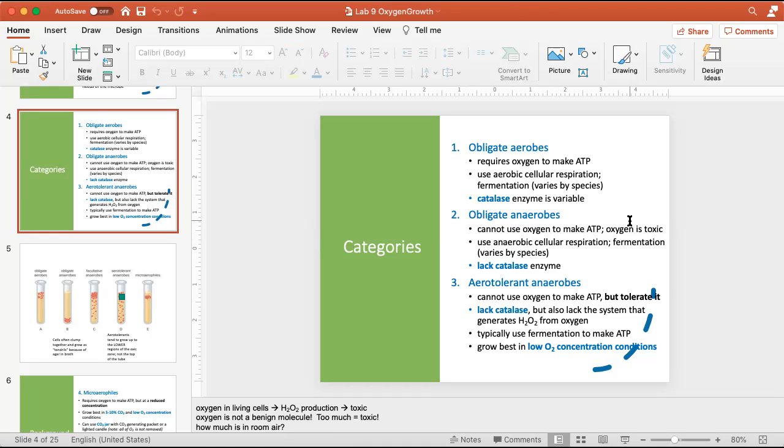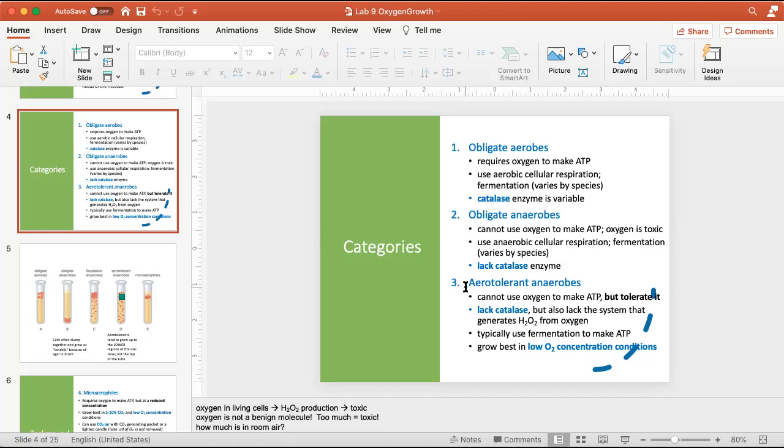So these are organisms that use anaerobic cellular respiration and or fermentation, depending on the species again. And they don't have catalase. They don't need catalase because they don't need to have oxygen around in their cells. Oxygen is toxic to them. So there's no need to break down hydrogen peroxide for them.